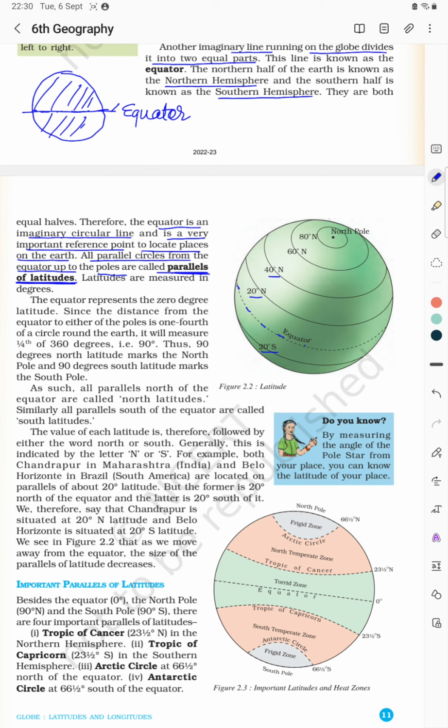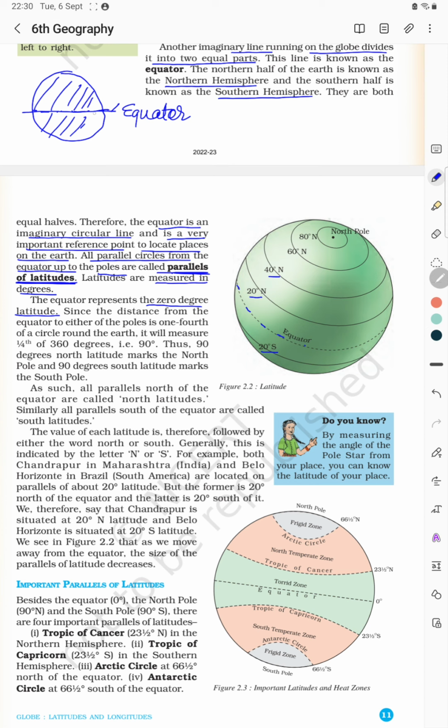These are measured in degrees. The equator represents 0-degree latitude as it passes through the center.